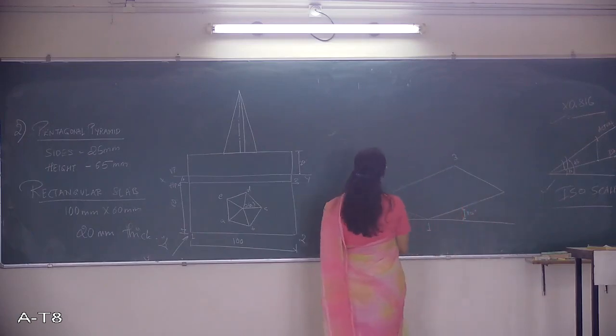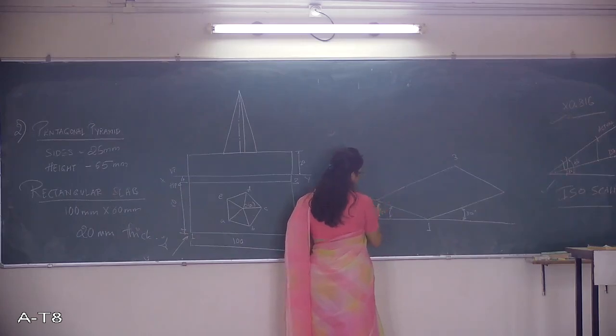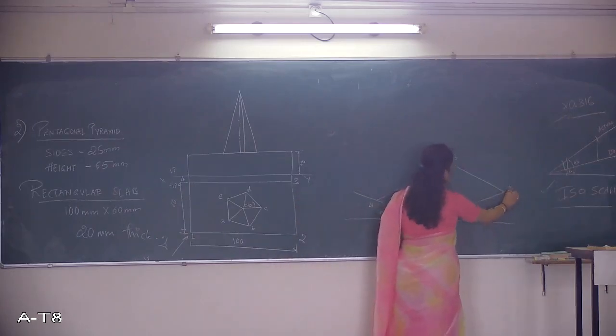So this is the bottom of the rectangular slab. So this is 4, 3, 2 and 1.